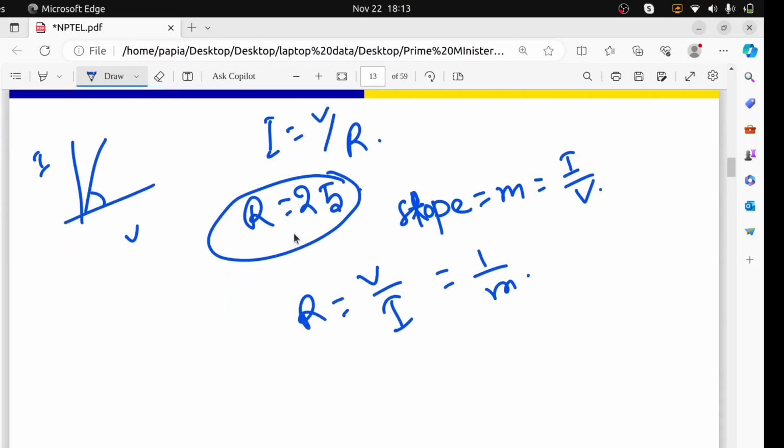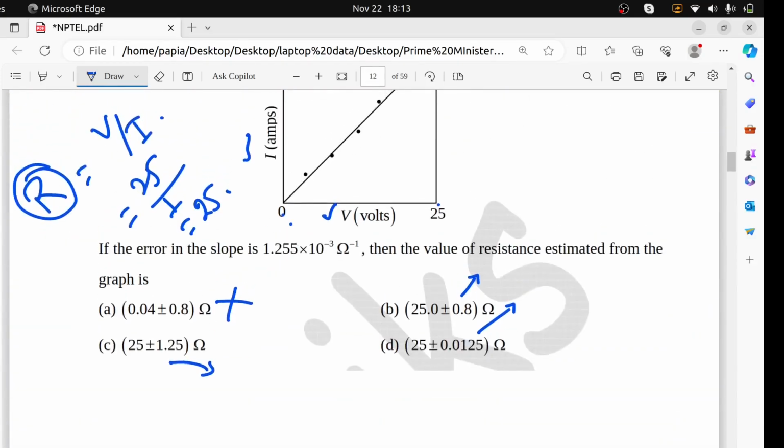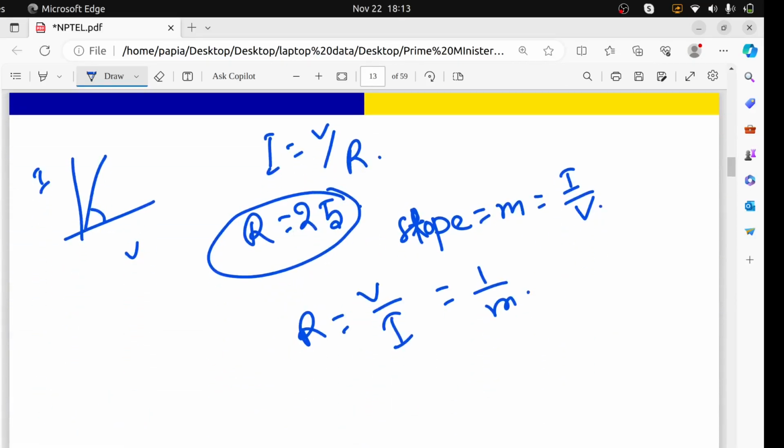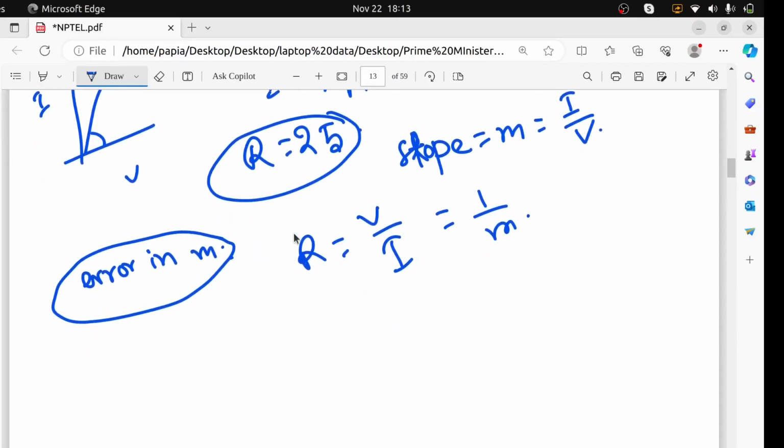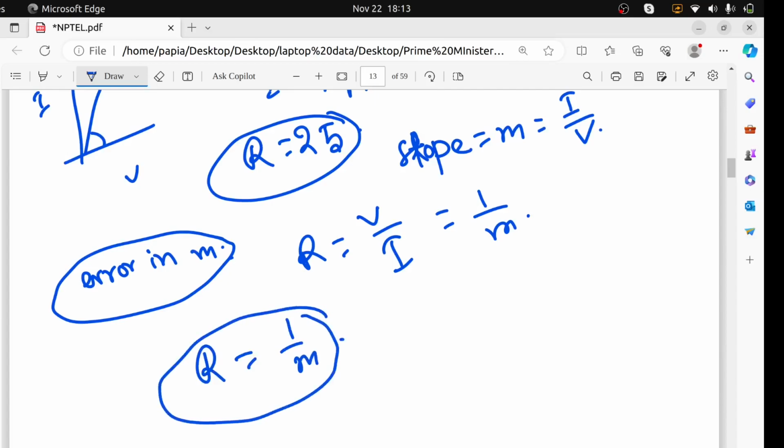Now, in that question they are saying that the error in the slope is this much. So why do I need to calculate the slope here? Because they have already given the error in M. So in terms of that, we just want to calculate the error in R. Okay? So I already know the relation R equals 1 by M. Now, what will be the value of del R by del M?